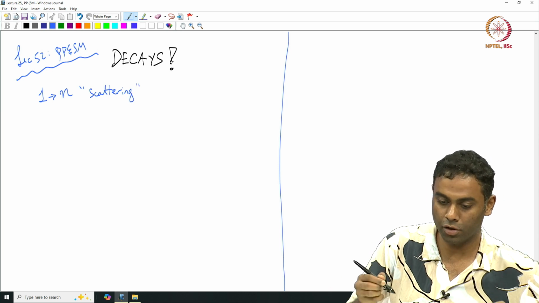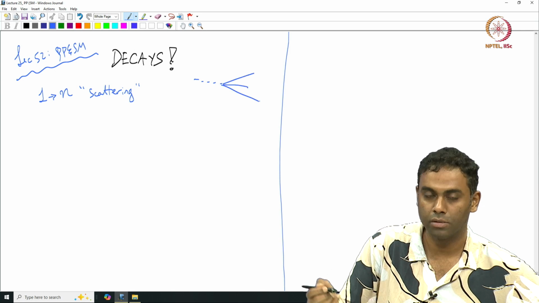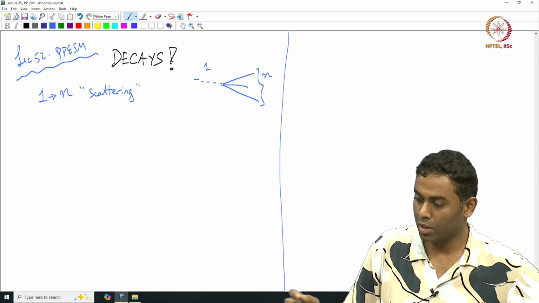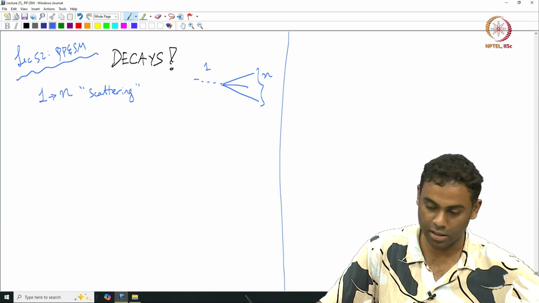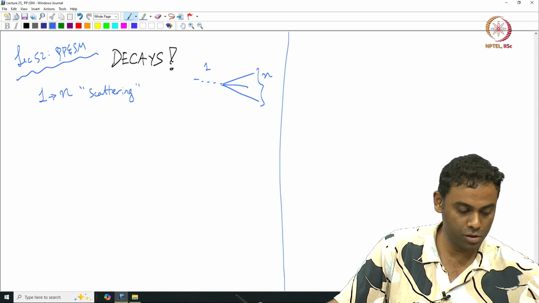So what is a decay after all? You have a particle coming along and then it disintegrates into some n number of final states, right. So as far as deriving expressions for the decay rate are concerned, you can just think of it as 1 to n scattering.